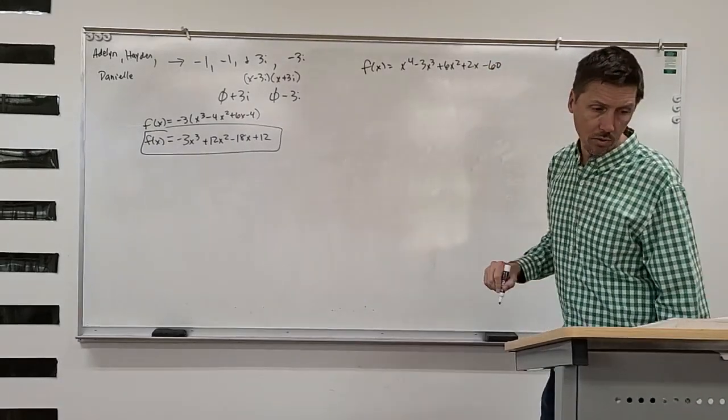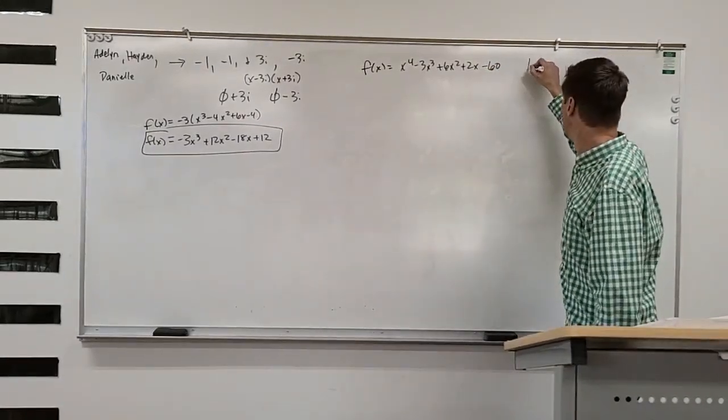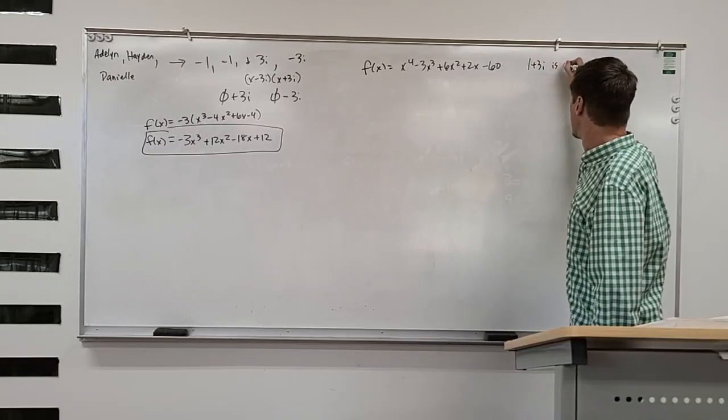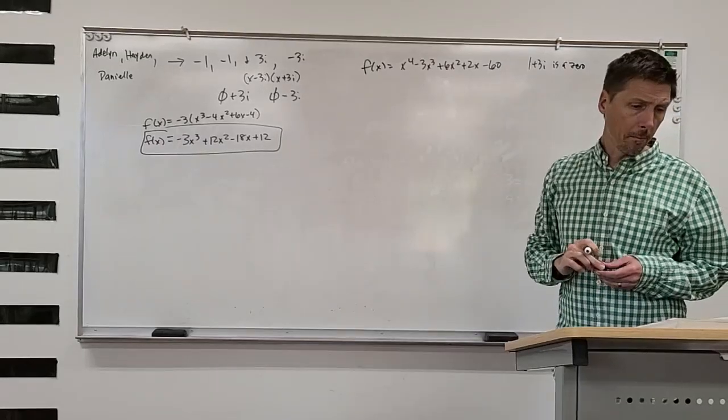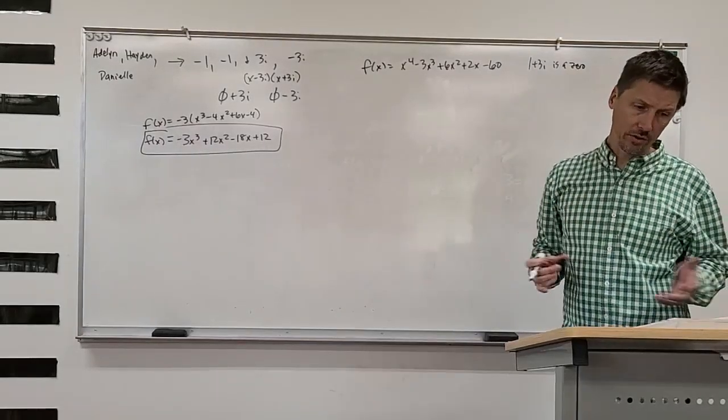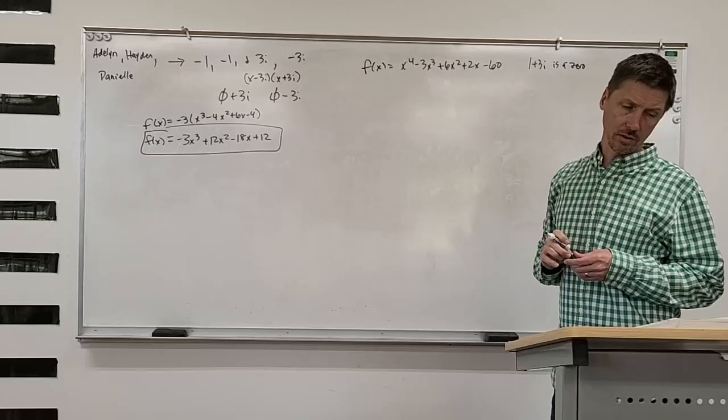And we know that 1 plus 3i is a 0. And so they say, find all the zeros of this function.